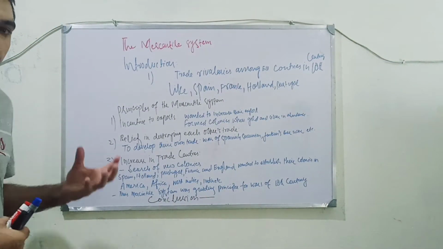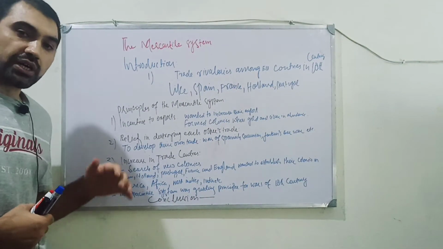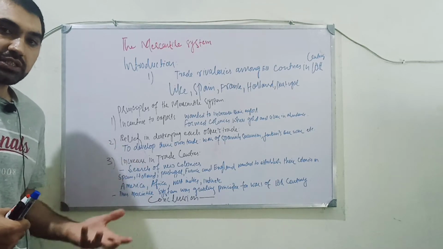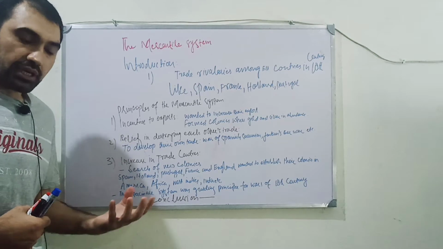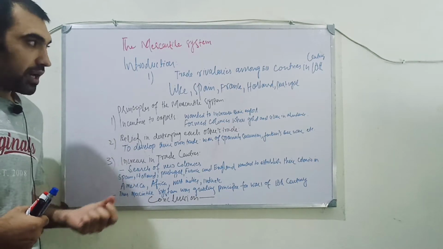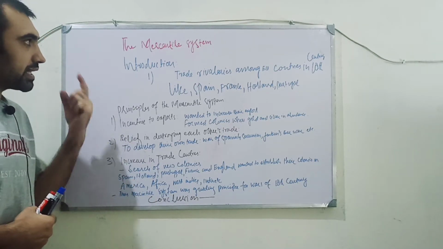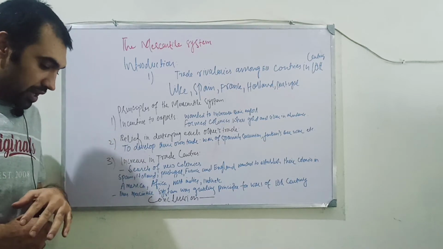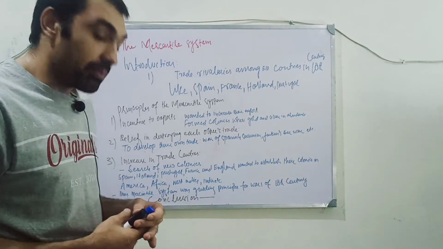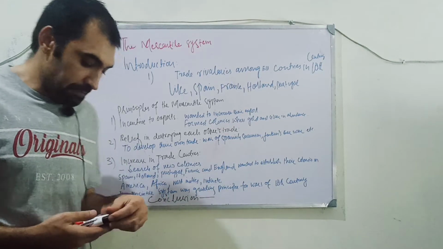Therefore, we have started this lecture right from the very start and are continuing to all the important topics. Now we have reached another important topic in British history, which is known as the mercantile system.